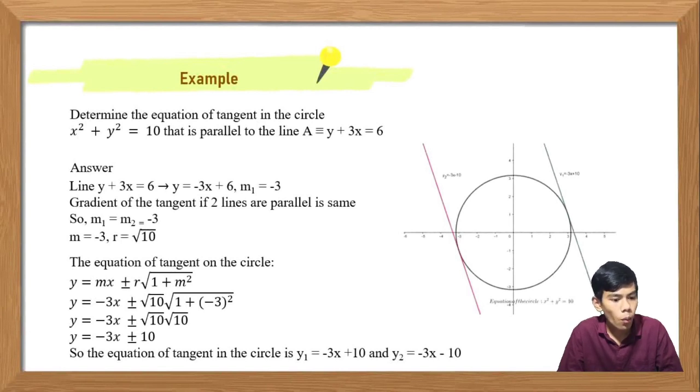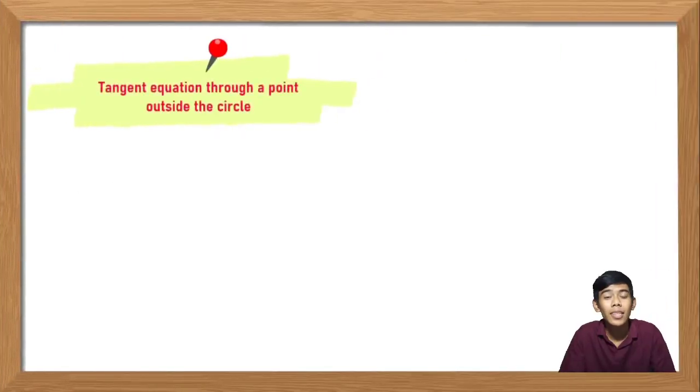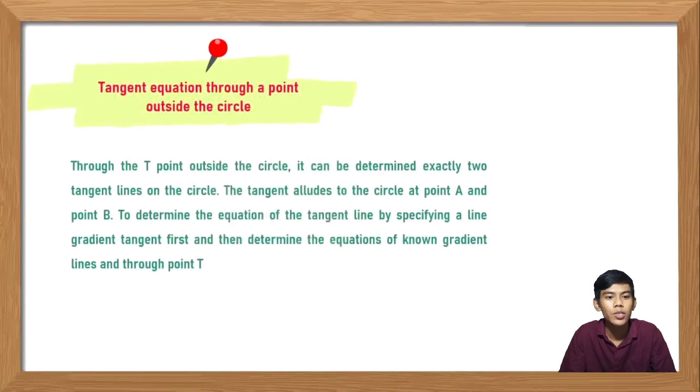So y equals negative 3x plus or minus 10. So the equations of the tangents to the circle are y1 equals negative 3x plus 10 and y2 equals negative 3x minus 10.